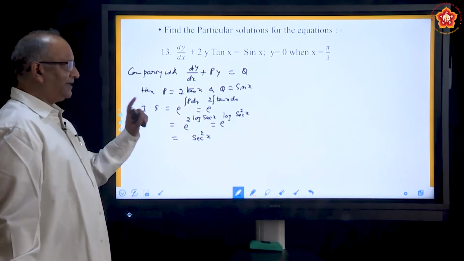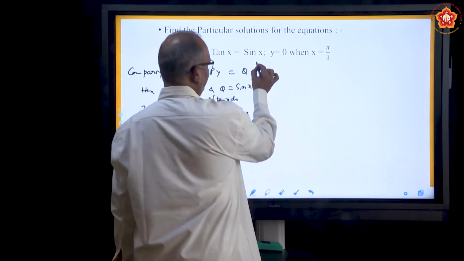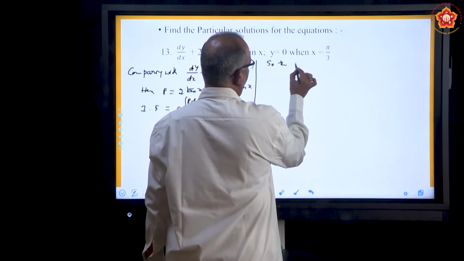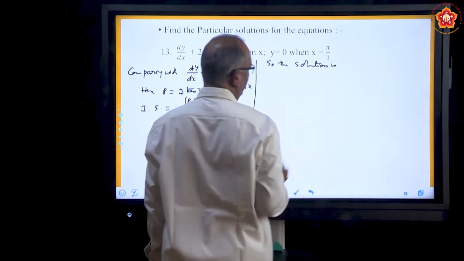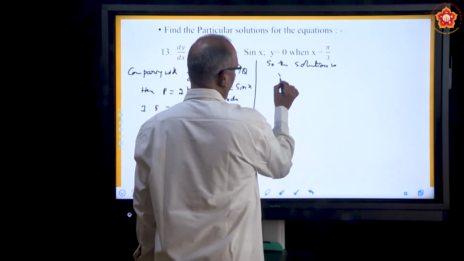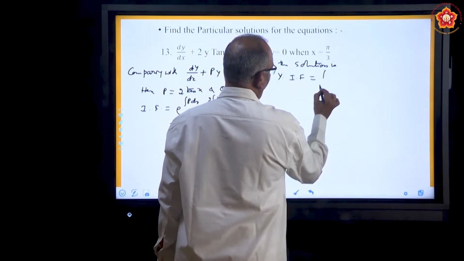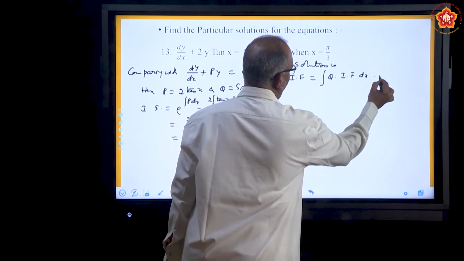Once you know the integration factor, you can write the solution. So, the solution is y into integration factor equal to integration of q into integration factor dx plus c.